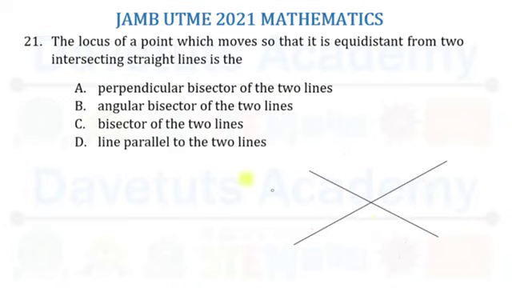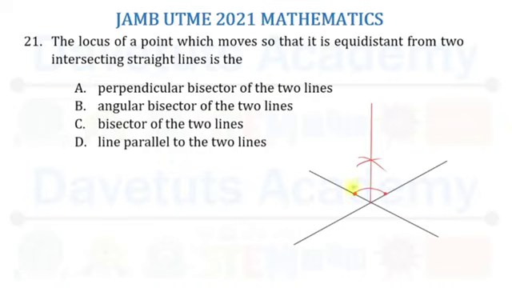In the second case, we are told angular bisector of the two lines. So if we have one of the angles here, let's say we are taking this angle, and we'll put our compass here and mark off this, and then we're having something like this. Okay, this is making an interesting case now.